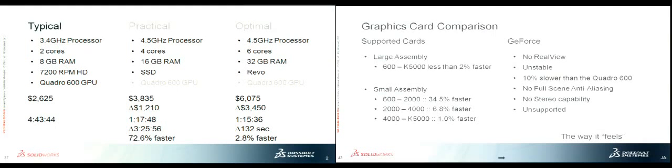I would have expected the large assembly to get bigger. We did too. Basically, what I believe is going on there is there's a lot going on in SolidWorks in the background, especially with large assemblies. There's a lot of massive calculation that's happening, and I think that's becoming the great equalizer. Your bottleneck is becoming SolidWorks getting the information out to the card.